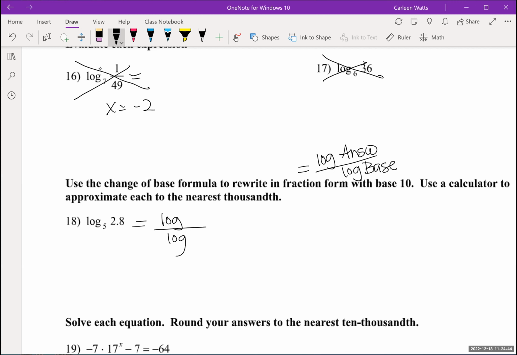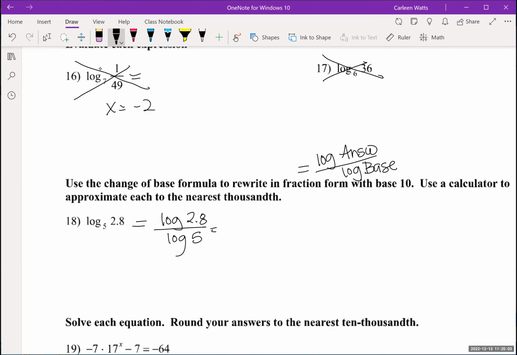Okay, what goes on top? Log of the answer divided by log of the base. What's on top? Log of 2.8 divided by log of 5.